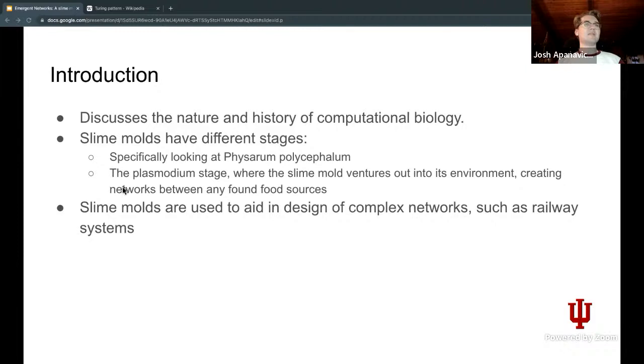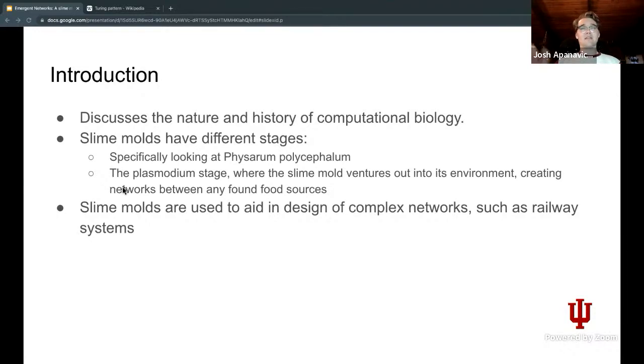So for example, in the introduction, he just briefly discusses the nature and history of computational biology, mentions things like Turing patterns, how one of the last things Alan Turing did was try to model biological behavior, kind of setting the scene. Then he starts talking about Physarum polycephalum, which is the specific type of slime mold that he simulated.